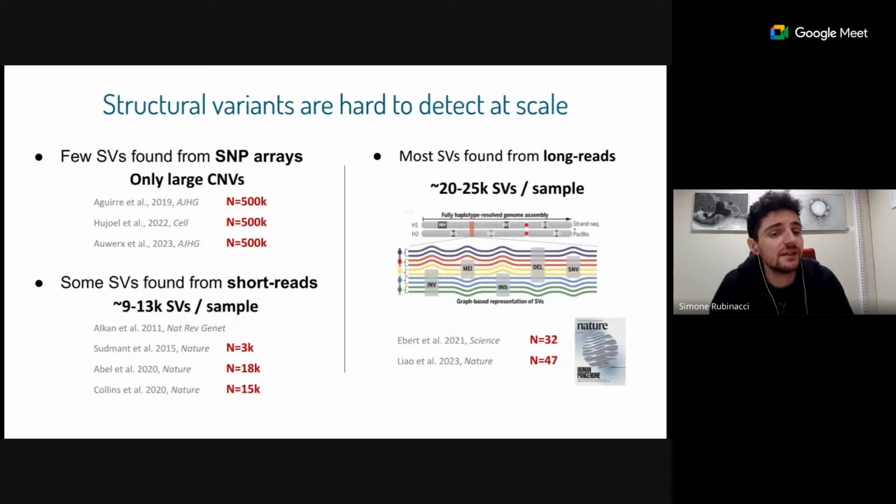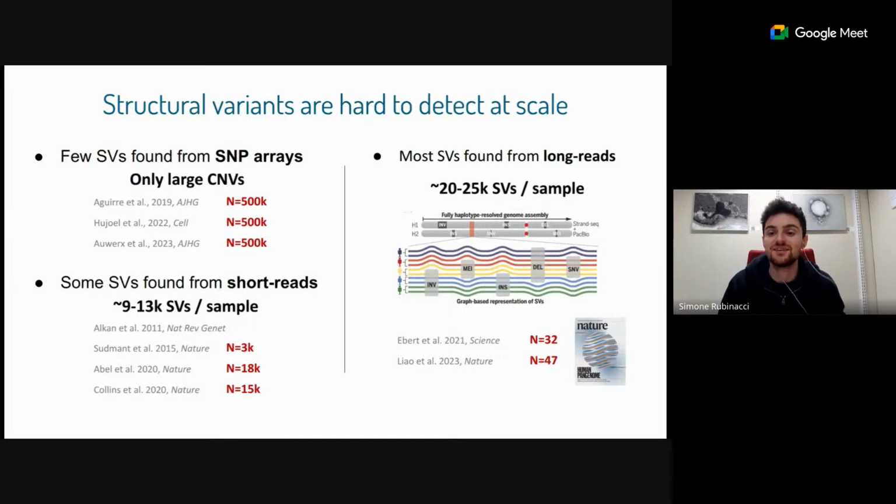Roughly only 10,000 structural variants per individual can be detected from short-read sequencing data. And recently, long-read sequencing efforts and a pangenome have provided a comprehensive look at structural variation, but just for a few hundred individuals, and not in the context of GWAS.